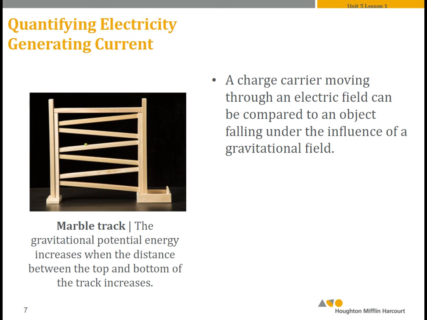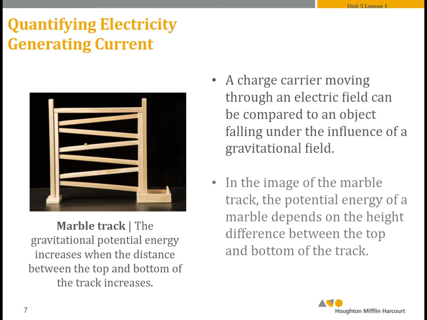We see a change in potential energy, and that change in potential energy is going to help us describe both the rolling of the ball down the ramp and also the effect on the charge carrier moving through the electric field.